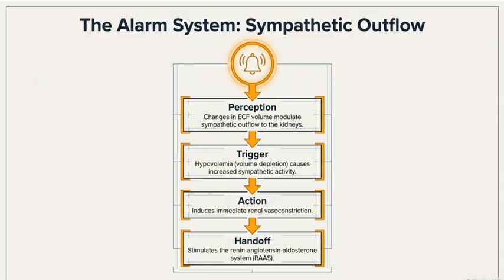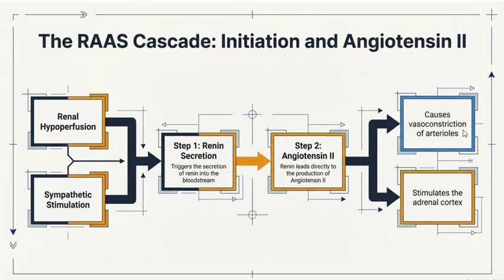On the opposite side, we have the alarm system. In hypovolemia, the sympathetic nervous system is activated. This leads to renal vasoconstriction, reduced GFR, and activation of the renin-angiotensin system. This finally results in sodium and water retention.